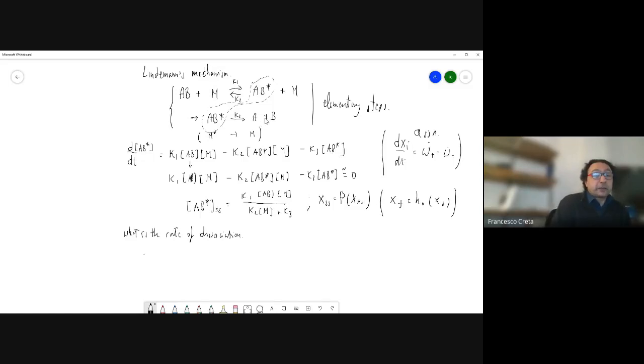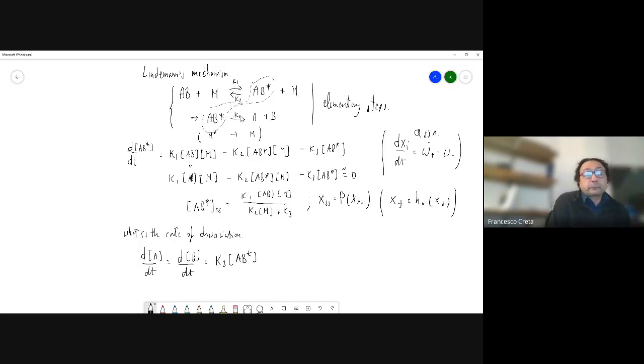So the rate of dissociation is dA by dt or dB by dt. And it's actually, look at the third step, this is the second step here. It's essentially K3 AB star. Okay?